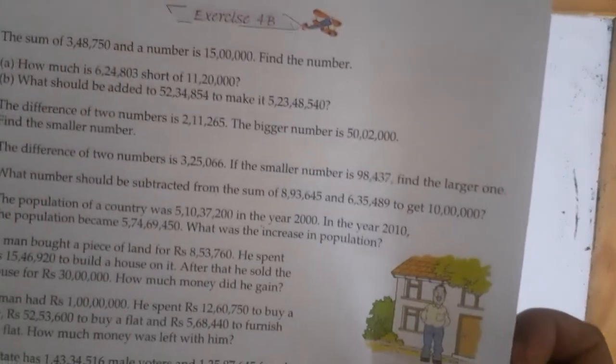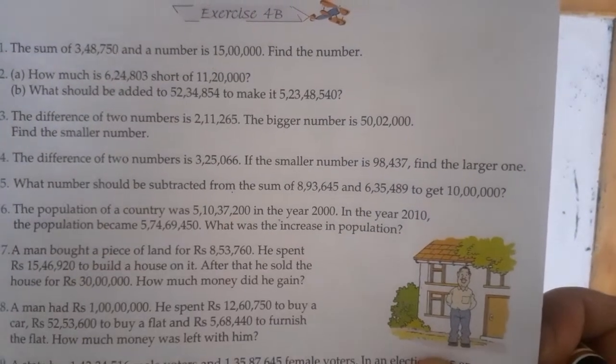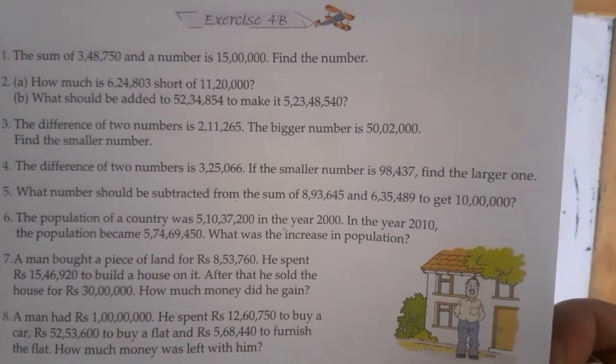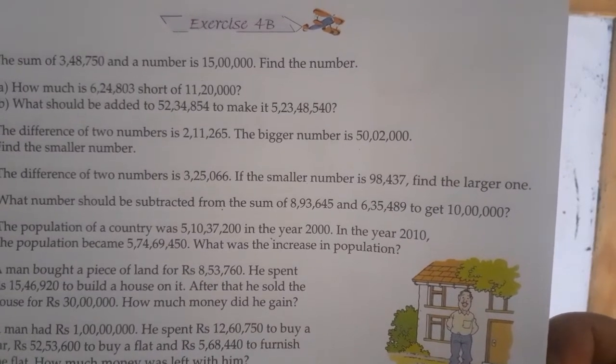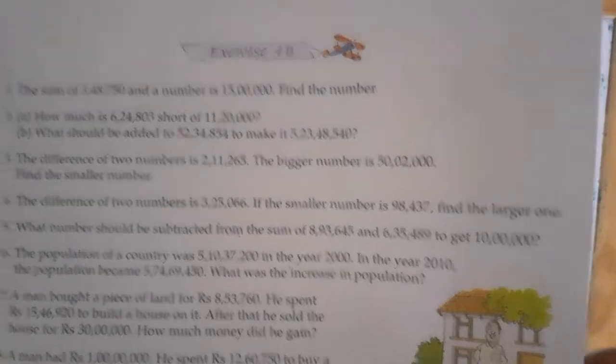Now let's come to the fourth question. In the fourth question, as you can see, the difference of two numbers is 3 lakhs. If the smaller number is 98 thousand, find the larger one. Now in the third question, they had given you the larger number and they asked you the smaller number.